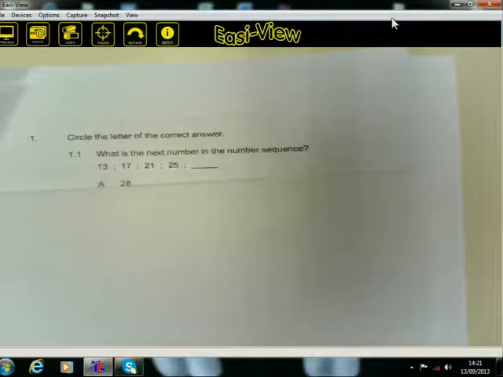Colleagues, I want to explain something based on the multiple choice questions. Usually you'll find that learners, instead of circling, they cross. And some of the teachers penalize them for crossing the answers. So colleagues, you don't penalize a learner if he has crossed the correct answer.